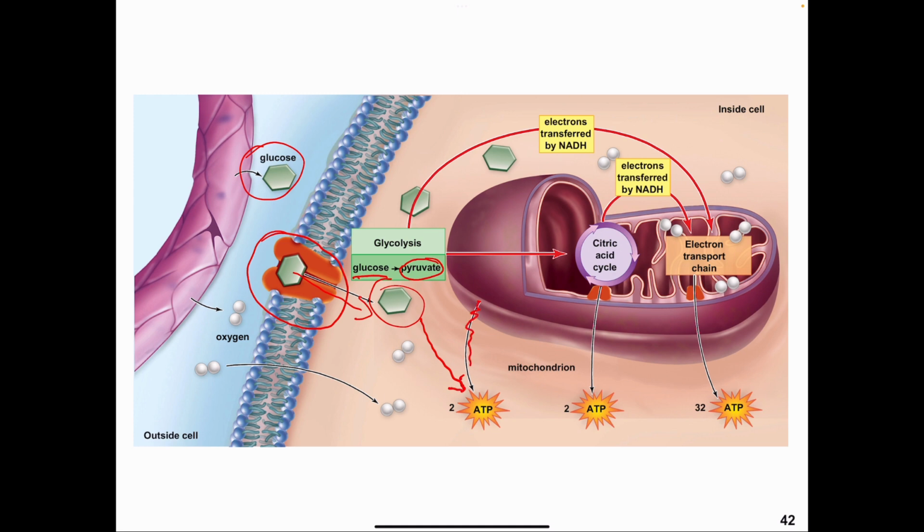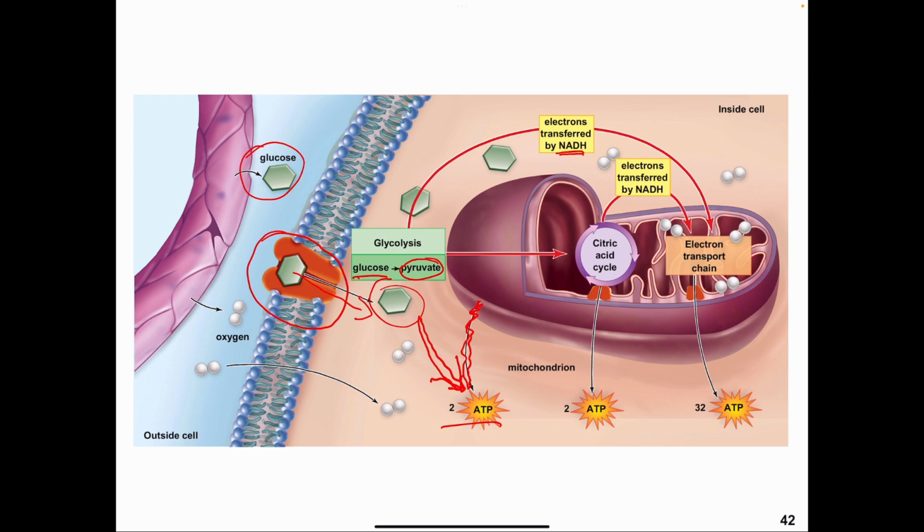Okay, forget this slide. This arrow here. So you have 2 net ATPs, not 2 ATPs, but 2 net ATPs that are produced here. But along with these 2 net ATPs, you also have something else that is produced. It's a molecule called NADH. That molecule called NADH is an electron acceptor.